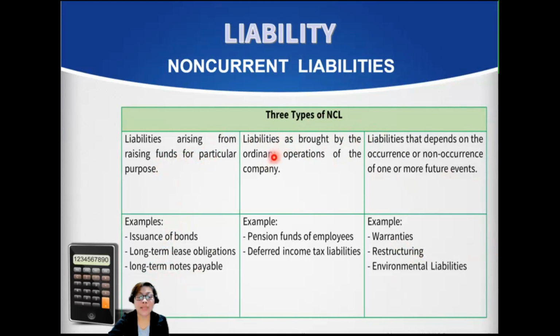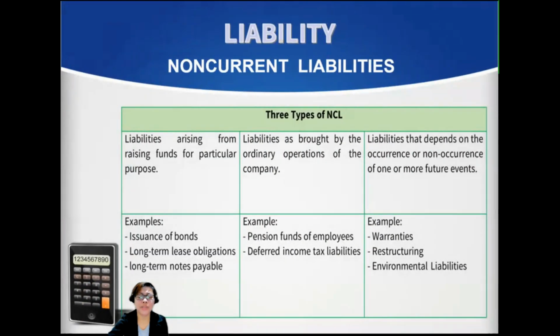Then we have liabilities brought by the ordinary operations of the company. Examples are pension funds of employees and deferred income tax liabilities. Then we have liabilities that depend on the occurrence or non-occurrence of one or more future events. Examples are warranties, restructuring, and environmental liabilities. Those are our non-current liabilities.